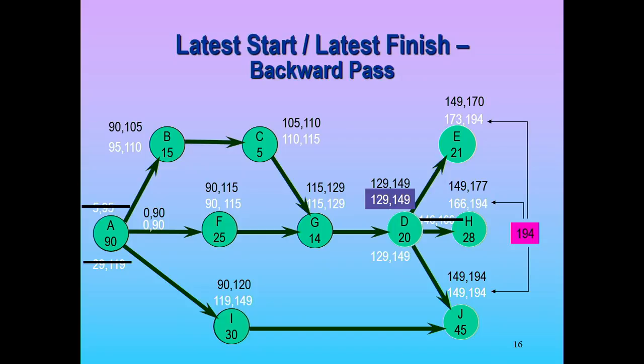What we call that difference is slack. That means activity C can be delayed 5 days and not impact that 194. It can actually start at 110 instead of 105, and it won't impact that 194. It has 5 days of slack, sometimes referred to as surplus.